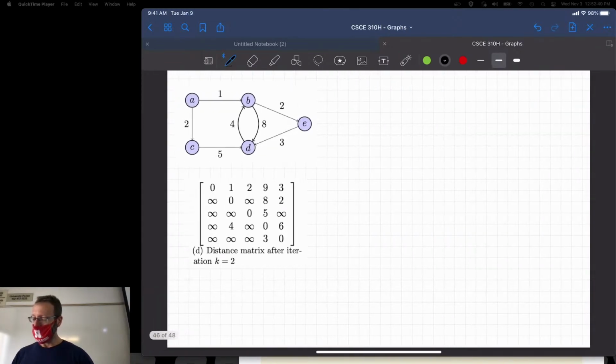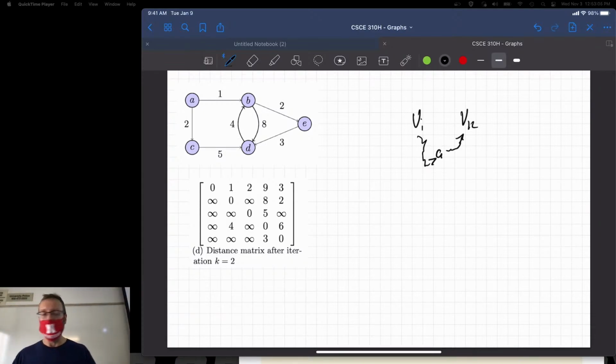Let's take a look at an example run. Now, what I've done to make this interesting is I've jumped ahead 2 iterations. We did it for k being 1 and k being 2. Implicitly here, when I say k is equal to 1, I mean we considered A as our intermediate. We considered vertices v sub i, v sub k, and then we went to A first, and then A over to whatever.